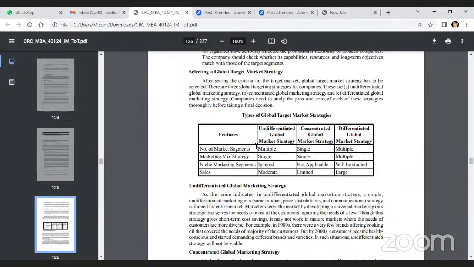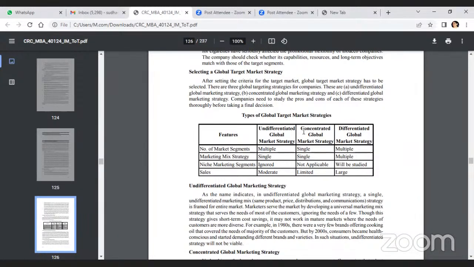For each strategy, you are supposed to adopt these features. Number of market segments: if it's undifferentiated, you will have multiple markets, the marketing mix strategy will be single only, niche marketing will not be there, and sales will be moderate.